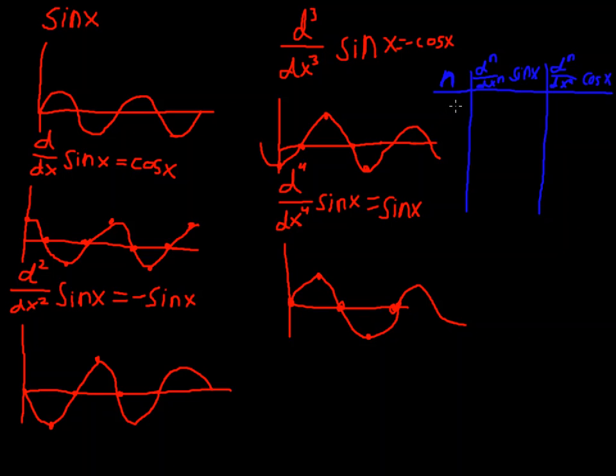So we can have this in the table. 0, 1, 2, 3, 4, and can expand this too. We can go 5, 6, and then you'll see where this pattern is going.